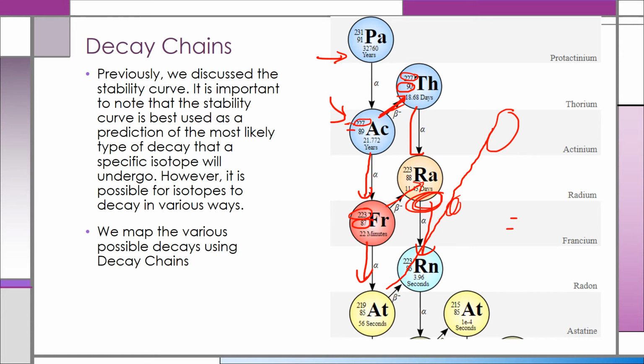The important thing to note with these chains is following the type of decay. So for example, in the homework, if this is blank and you have no idea what this is, and it says actinium is going to undergo alpha decay, what is this going to be? That's when you have to use your nuclear equations and say, okay, I need to subtract 2, so this is going to be an 87, and then you have to look at the periodic table and say, what element is 87?